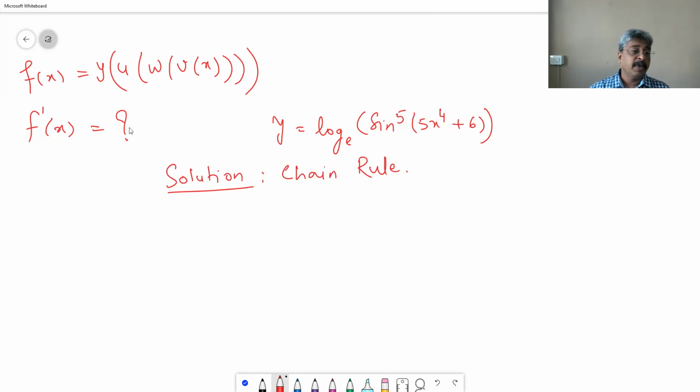So basically, our independent variable is x, and finally this is some function of x, a composition. What is the definition of derivative?